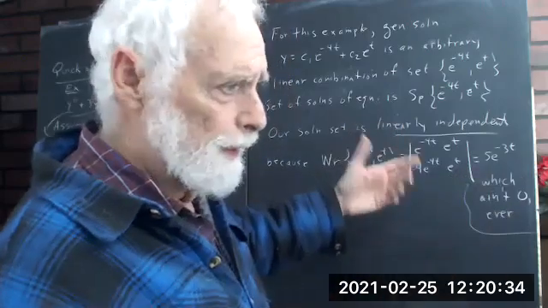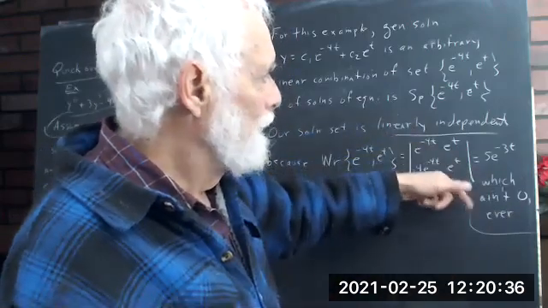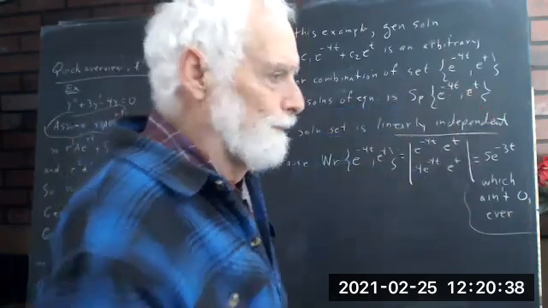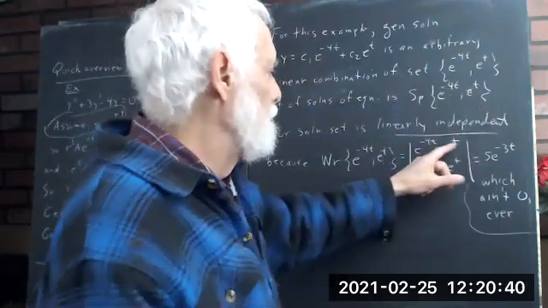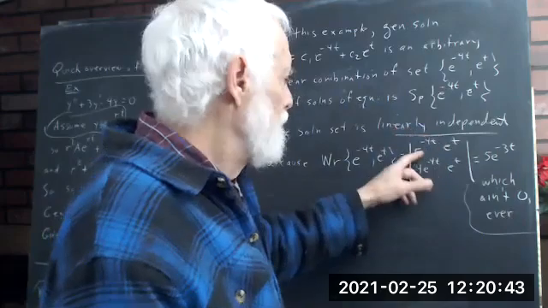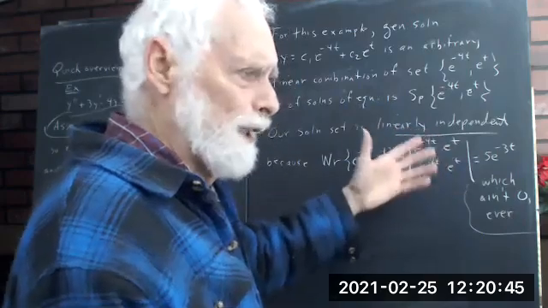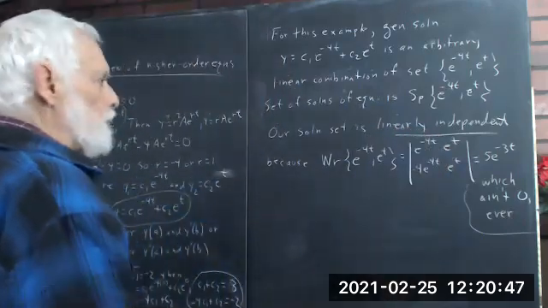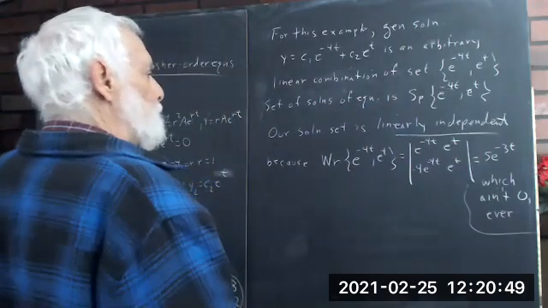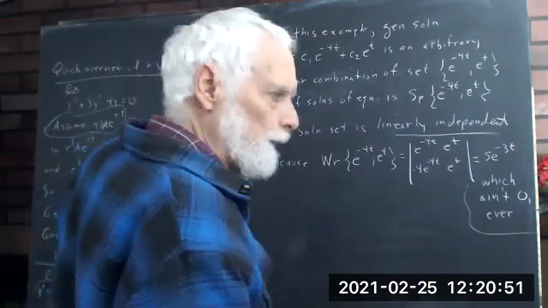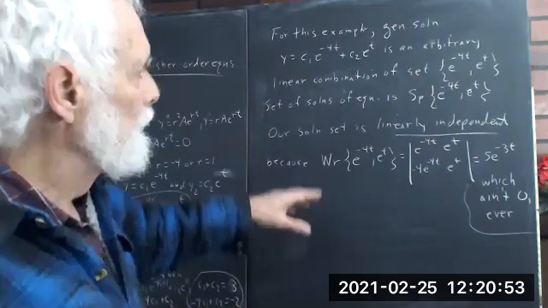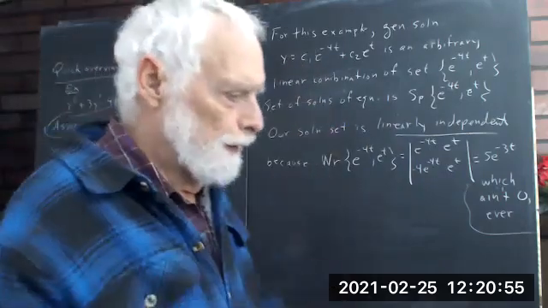The only way they're going to line up is if these are the same as these. And if you got different numbers in front of t, it's not going to happen. Okay. Well, that's the idea of the Wronskian. That's how the Wronskian guarantees linear independence.